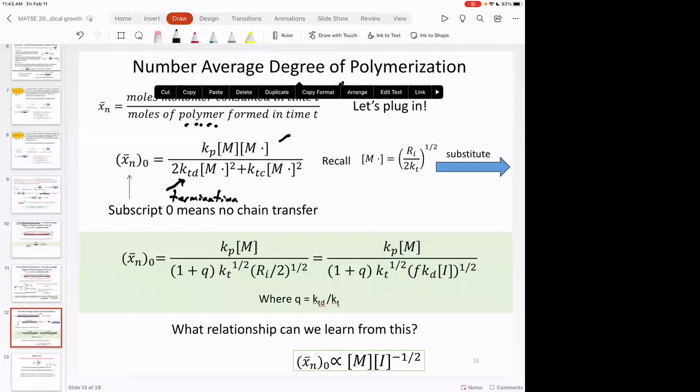Remember, this is Rp. And so we can get X bar N, and we put a 0 there for a very good reason, because there's no chain transfer. X bar N sub 0 for free radical polymerization means no chain transfer. And so if we simplify this out, here's our degree of polymerization with no chain transfer.